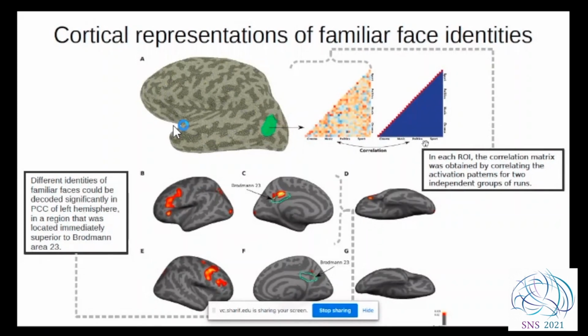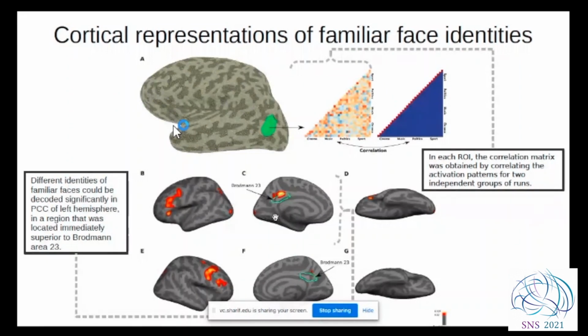And the model matrix, I shouldn't say categorical model, so basically the model that can distinguish identities of faces is a matrix like this. So it has a value of 1 along diagonal elements and value of 0 for off diagonal elements. And again, we compute the correlation of these two and visualize a cortical map.